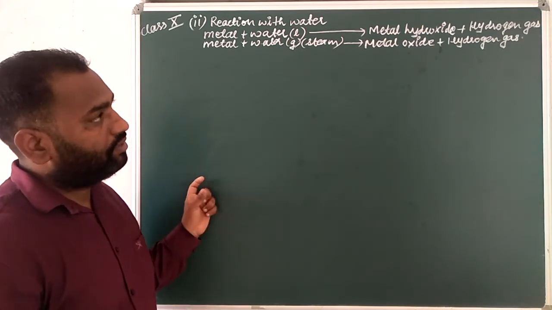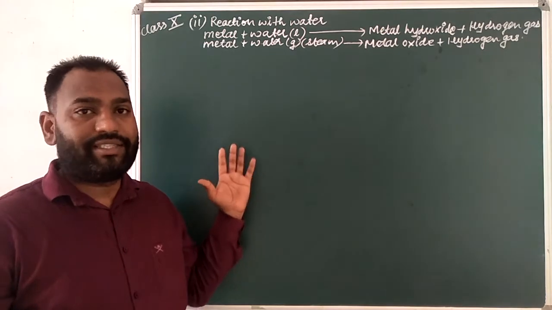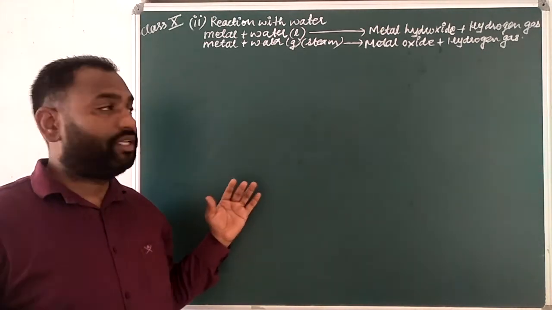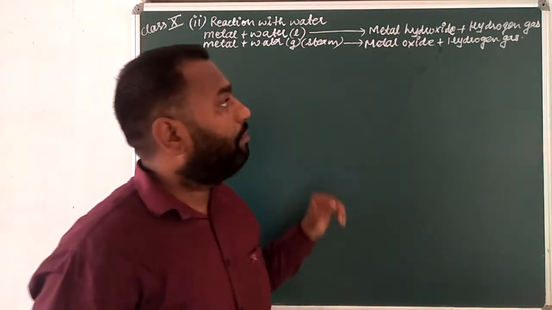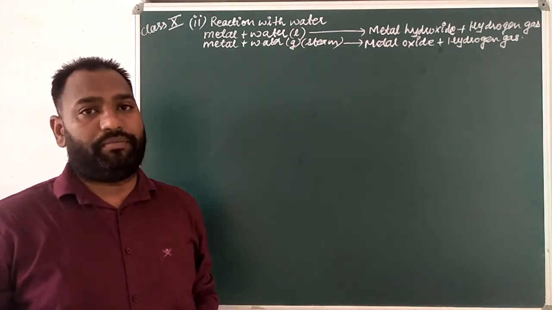And in the last topic we already discussed that when a metal reacts with oxygen, there is formation of metal oxide. Now water may be in the form of steam.